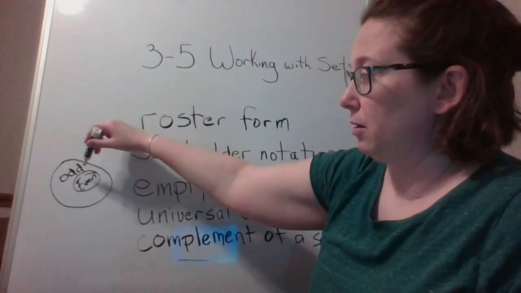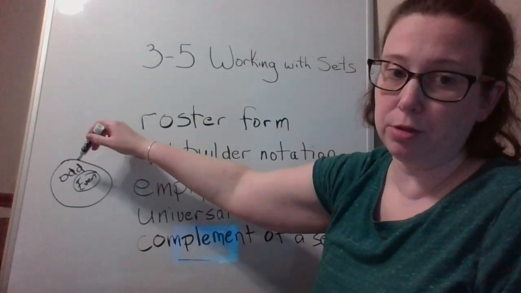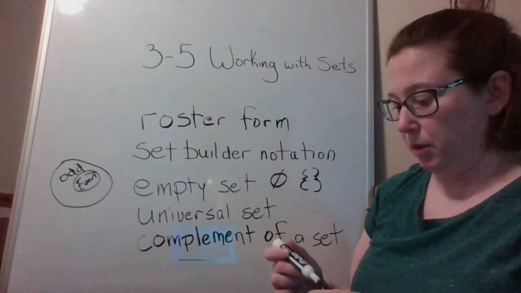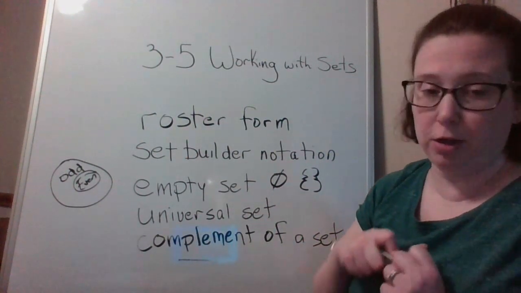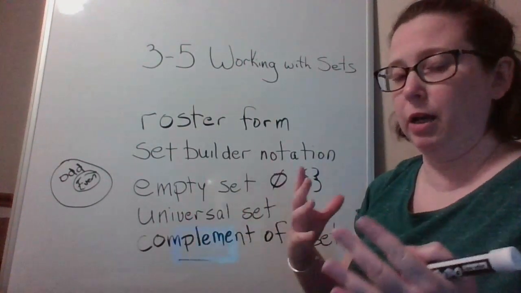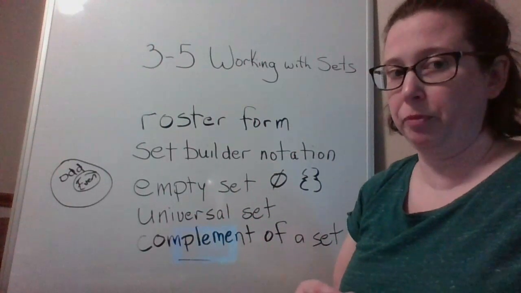So my complement to my even numbers would be my odd numbers. If you flip that around, we could say that the complement to the odd numbers is the even numbers. So they work hand in hand with each other to fill your whole universal set.